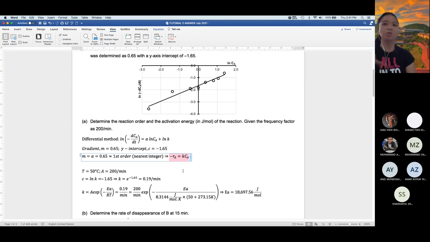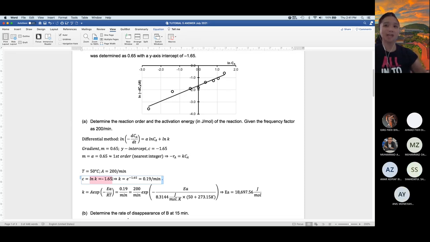But as I told you, in order to find EA, from the graph, we have to first find the K. Okay, so dalam persamaan, ln K equals to y-intercept. Okay, maknanya ln K equals to negative 1.65. Since our y-intercept given in the graph as negative 1.65, hence ln K negative 1.65.